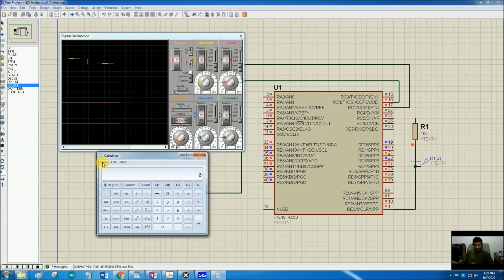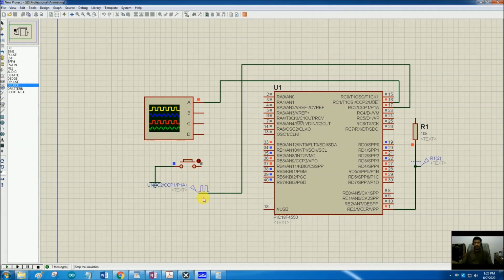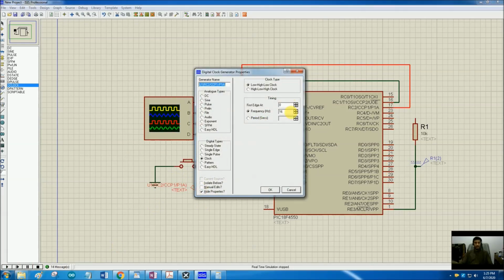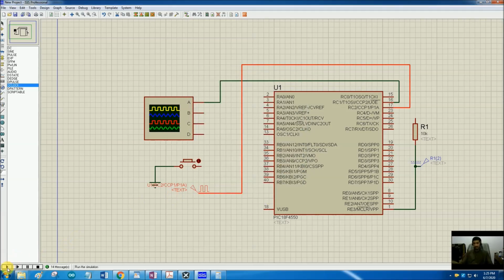So if I write it here, 12 microseconds means the frequency of 83.333 kilohertz. The maximum frequency of 83 kilohertz can be measured using this method. So let me write 83k here and let's simulate it again.